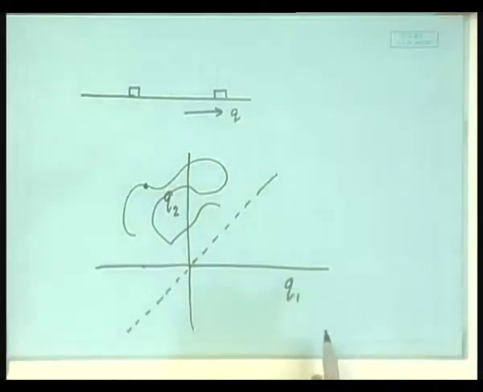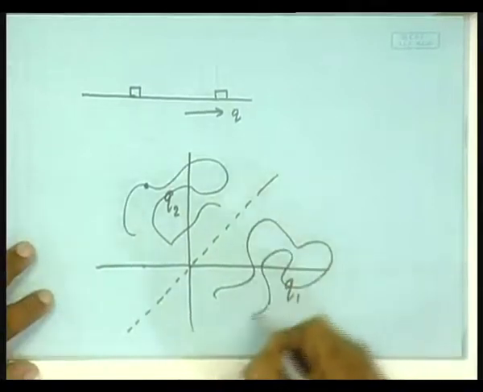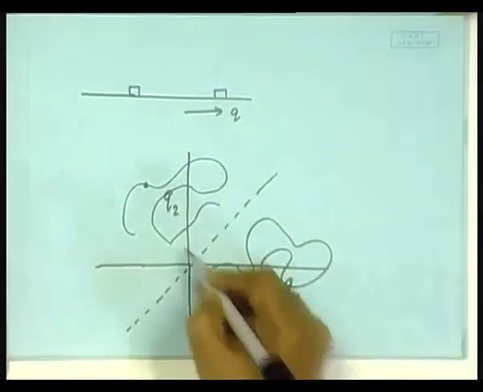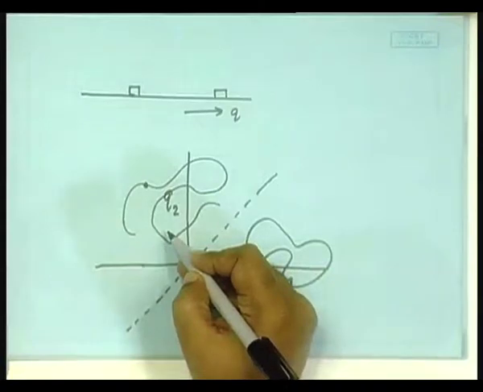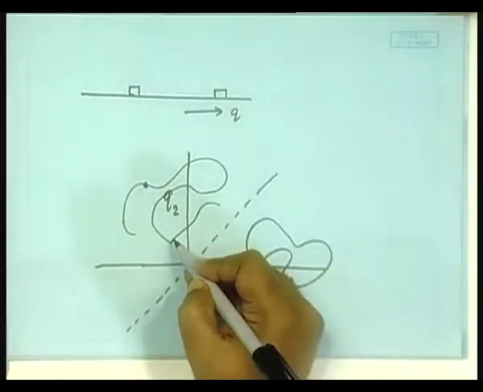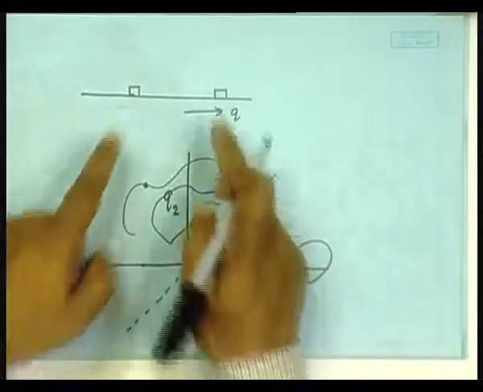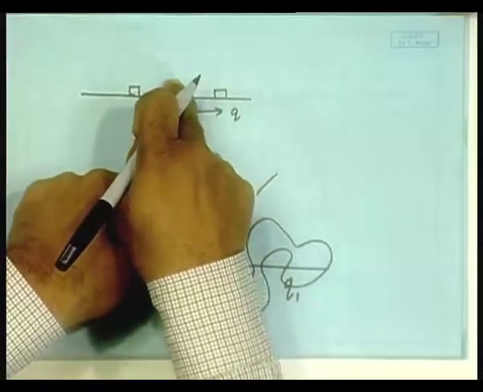So, it can go like this, no problem, fine, but it cannot cross, because crossing would mean that at some point of time the two occupy the same position.